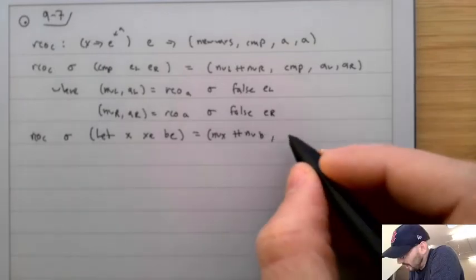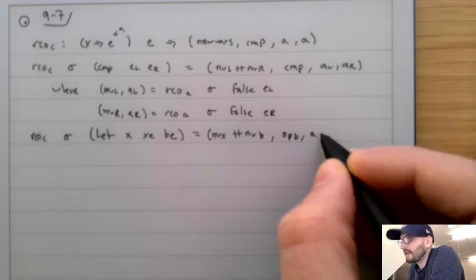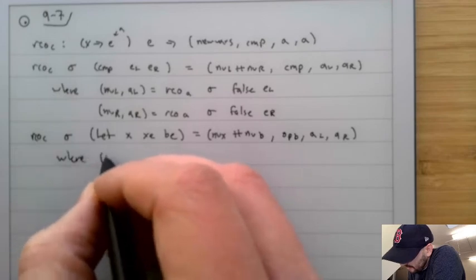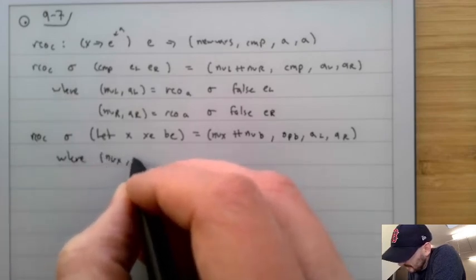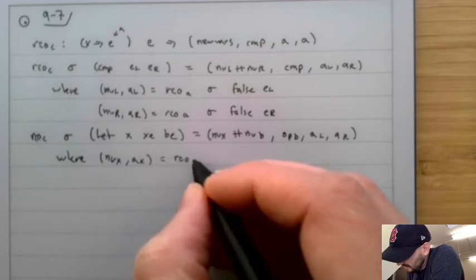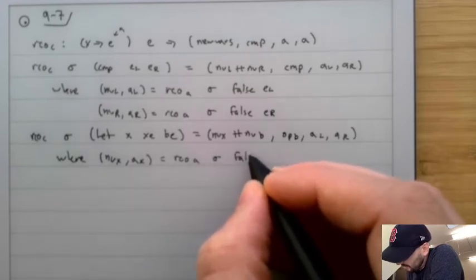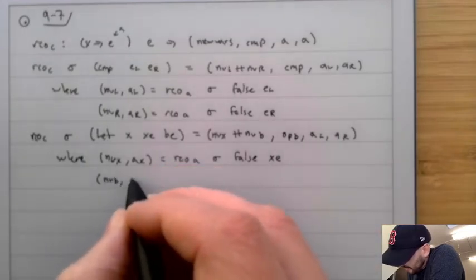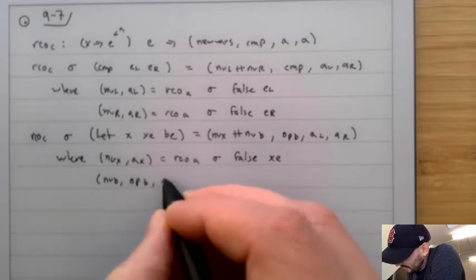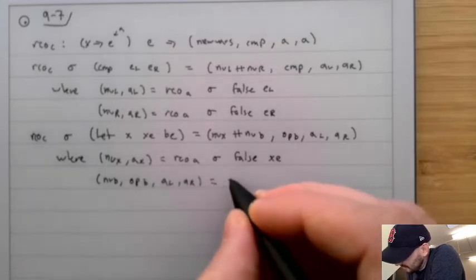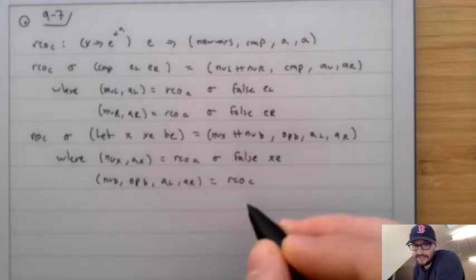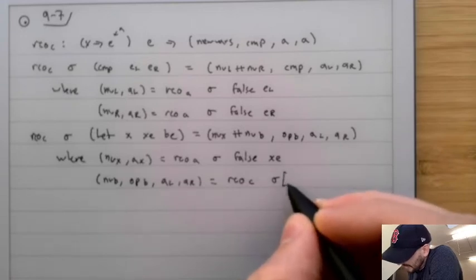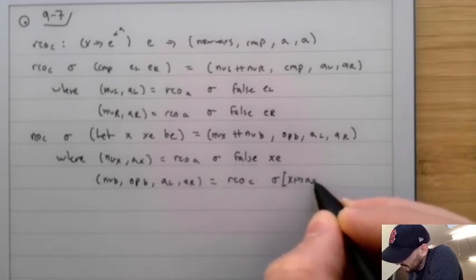We're going to return the operation that's inside of the body, the argument on the left, and the argument on the right, where the new variables for the x and the argument for the x come from calling RCOA with row, false, and xe, and then the new variables for the body, the operation in the body, the argument on the left and the argument on the right are the result of calling RCOC, because this is inside of the conditional, with row, where we have a mapping from x to the argument for x.